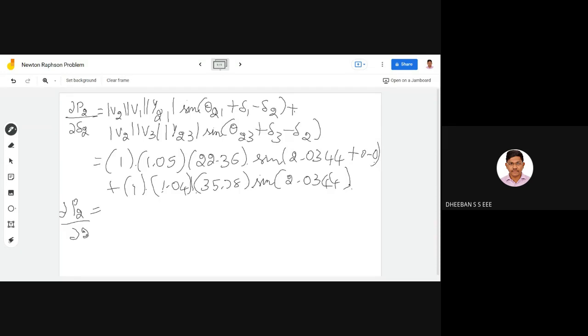What value are you getting? Calculate and tell me the value.